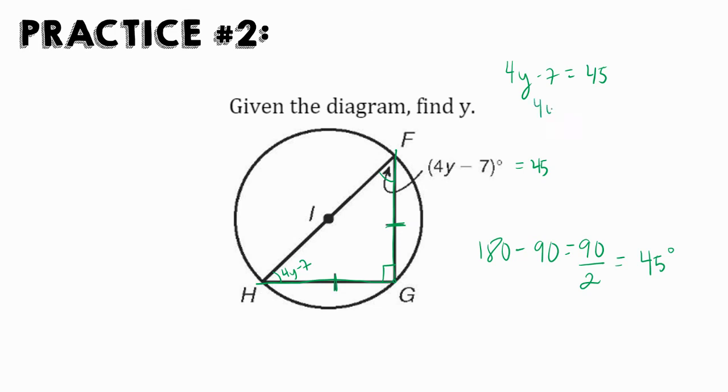Go ahead and add 7, and I get 52. Divide by 4 and I get 13, I think. Okay, so y is 13. I can totally plug that back in to check it. When I do 4 times 13 minus 7, I do get 45. Amazing.